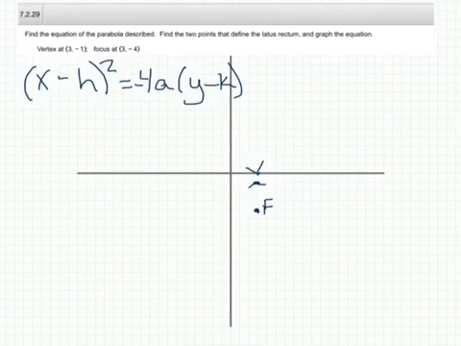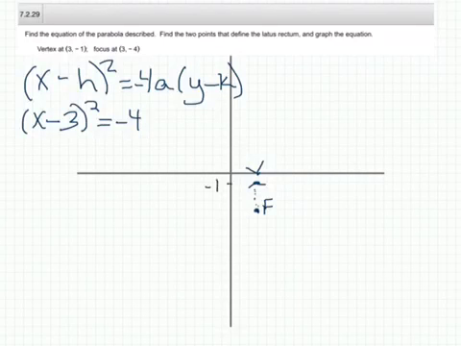In the meantime, let's plug in the h and the k. So I have (x minus 3) squared equals negative 4 times a times (y minus -1). Remember, a is the distance between the focus and the vertex. So since it's going from -1 to -4, then a has to be 3 units.